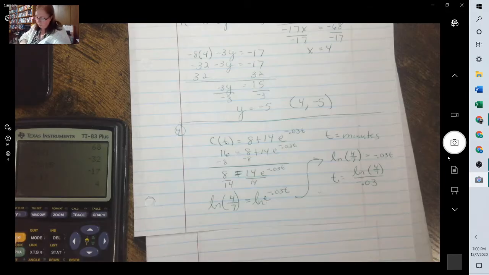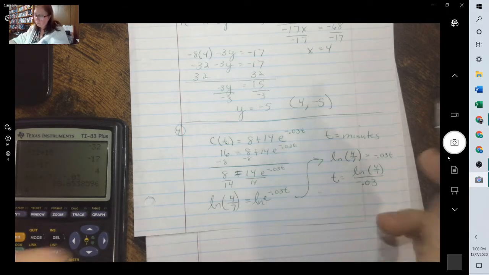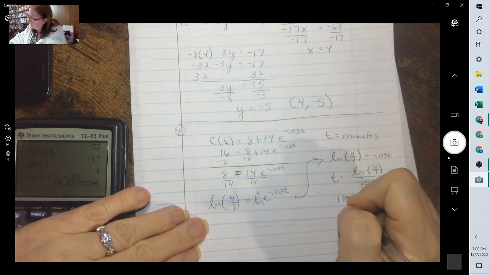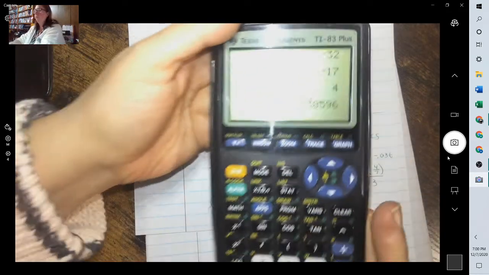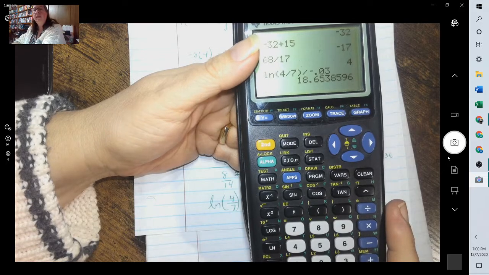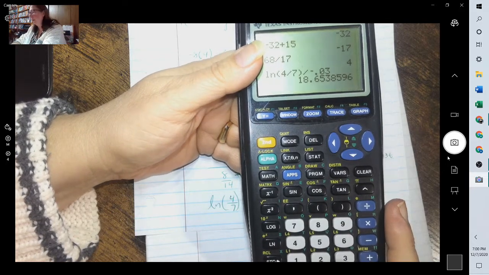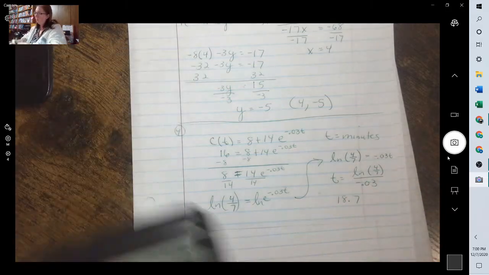So plugging in negative 4/7 divided by negative 0.03. The 6 will round up to a 7. It said round to the nearest 10th. So do that.